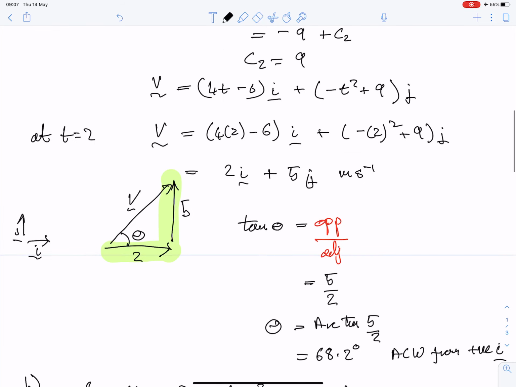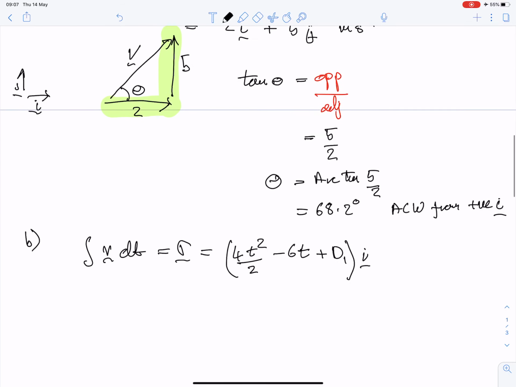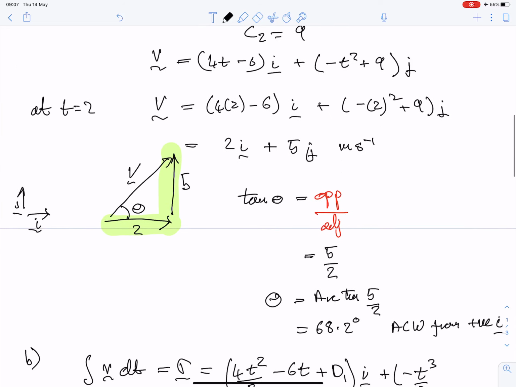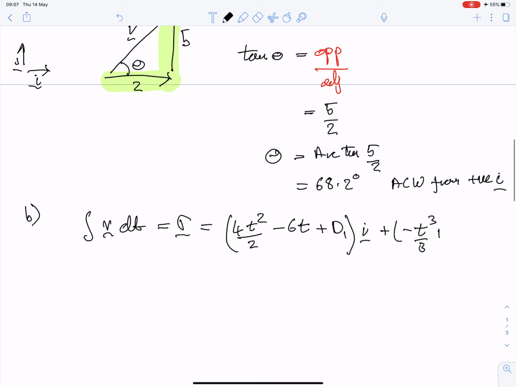Now look at the j component. We've got -t squared, so it's plus -1, add 1 to the power, divide by the new power. Plus 9 gives 9t plus d2. Same argument about the constants.